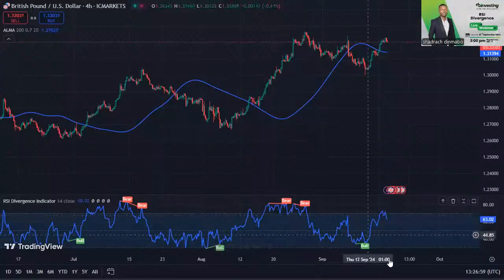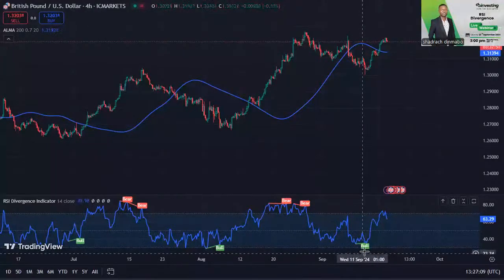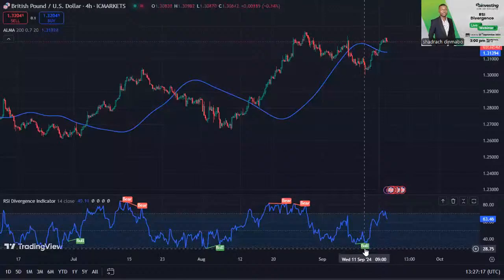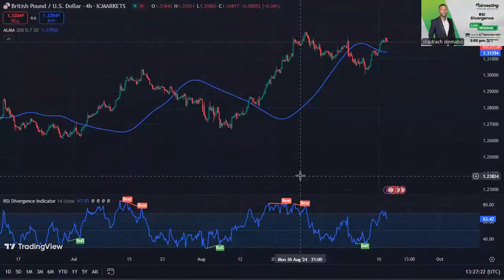So, for instance, in this case, this is the British pound, the pound dollar. You can see it gives us a signal here for the bull, a bullish divergence, so you see the word bull there. How do we know that this is a bullish divergence?